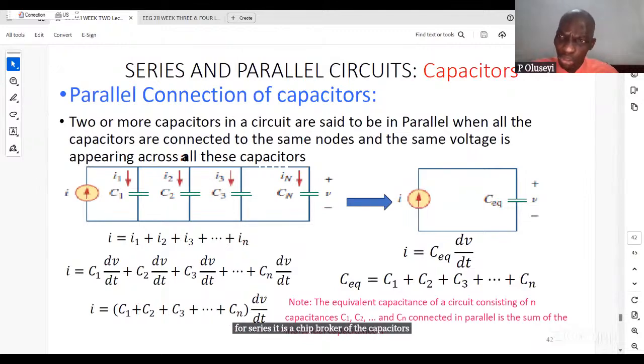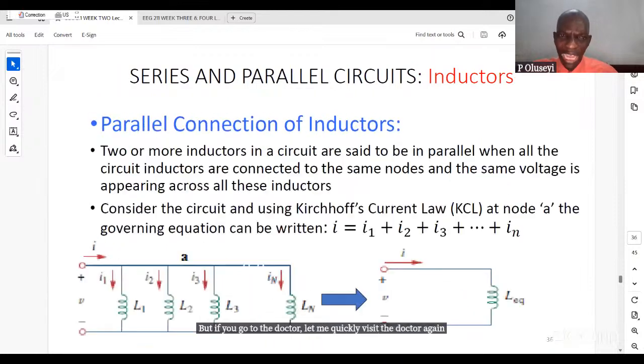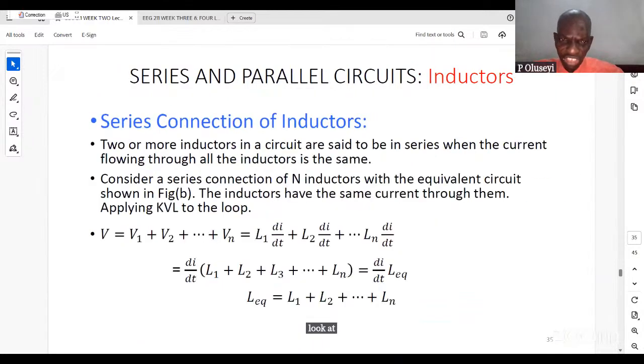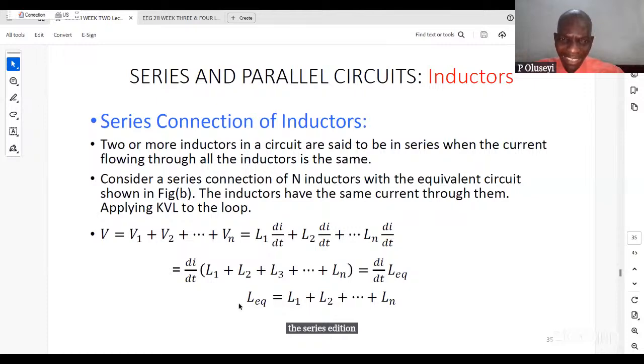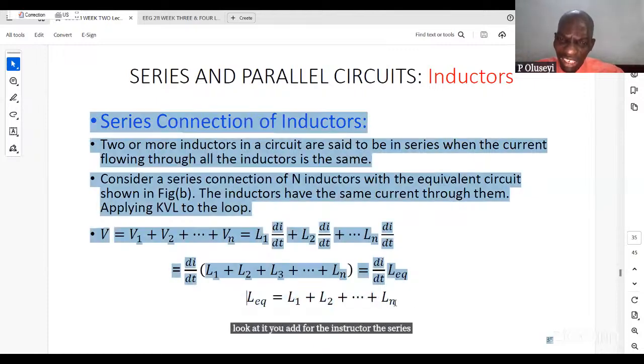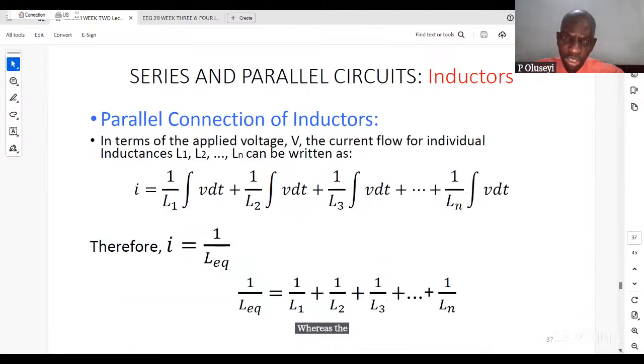But if you go to the inductor, let me quickly revisit it. Look at the series addition for the inductor: you add the real values. Whereas the parallel for the inductor is the reciprocal.